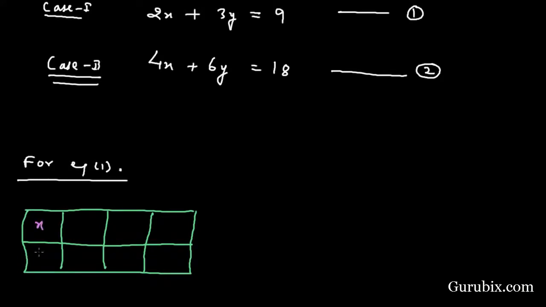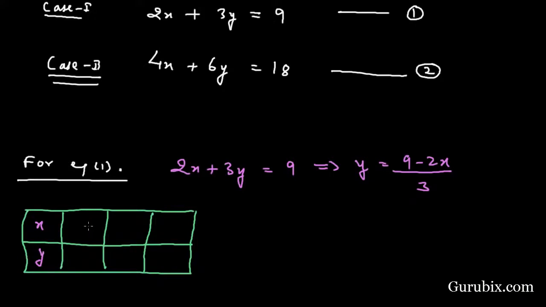Here we shall write x, here we shall write y, and the equation is 2x plus 3y equals 9, or we can write it as y equals (9 minus 2x) over 3.